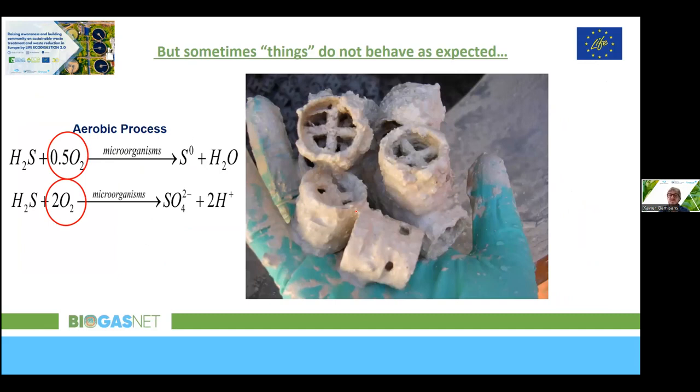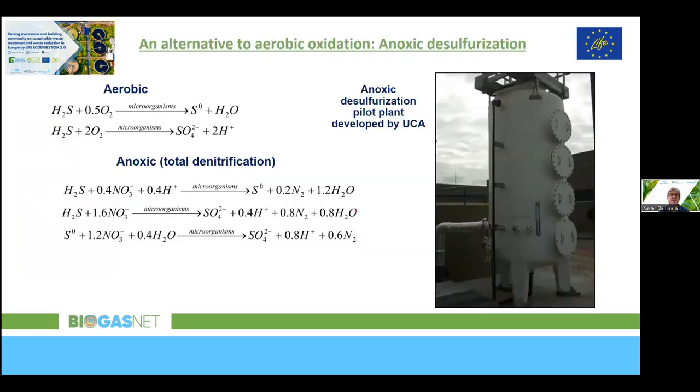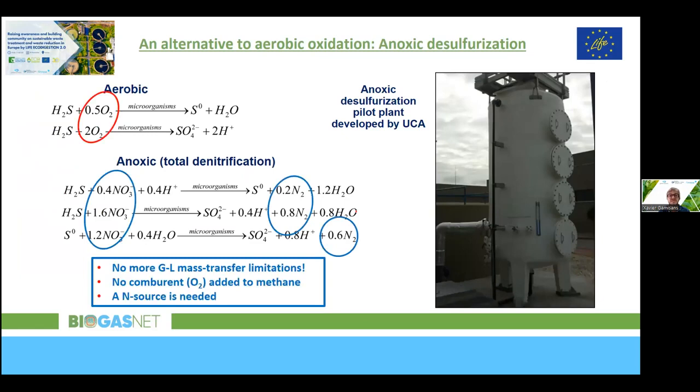So we decided to start studying another technology. The idea is to substitute this electron acceptor, this oxygen, by either nitrate or nitrite. Nitrate or nitrite can also be used as an electron acceptor for the partial oxidation of H2S to elemental sulfur, or to the complete oxidation to sulfate.